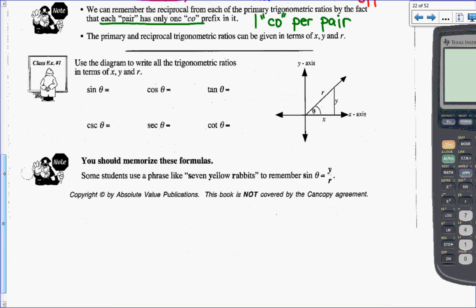Okay, but as we learned last year, and this is a review again from last year, we can determine the trig ratios instead of in terms of opposites and adjacent sides. If we put it on a Cartesian plane, then we're talking about x values and y values, right? And then the r, remember, r stands for hypotenuse.